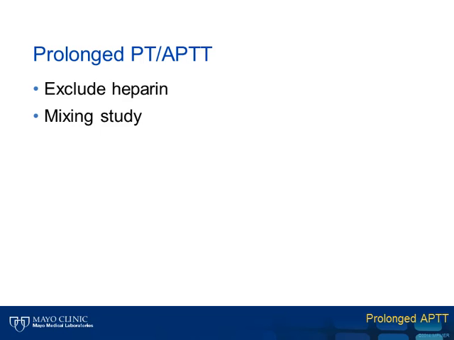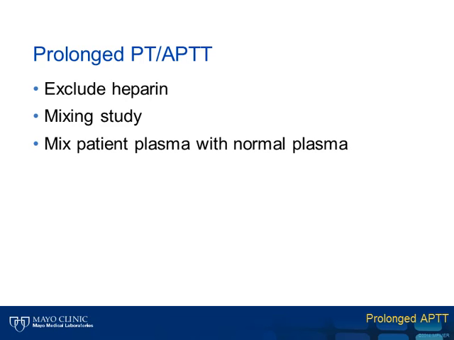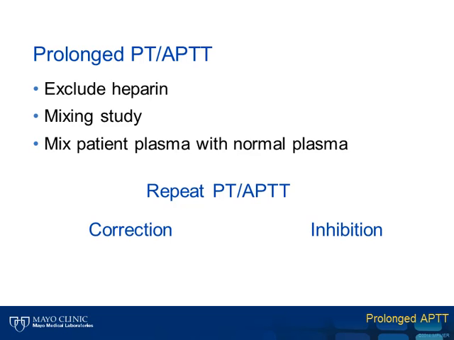In this step, correction of the prolonged APTT suggests a coagulation factor deficiency state. However, failure of correction of the prolonged clotting time suggests presence of an inhibitor. This inhibitor may be directed against a specific coagulation factor, which results in bleeding, or the inhibitor may be what is termed a nonspecific inhibitor, like a lupus anticoagulant, which is a risk factor for thrombosis.